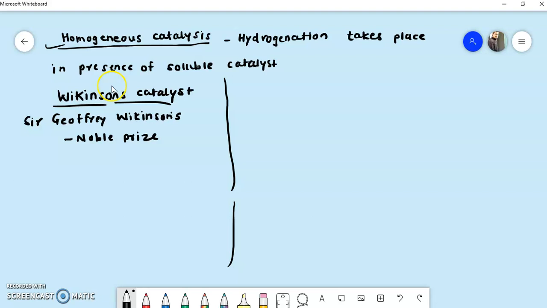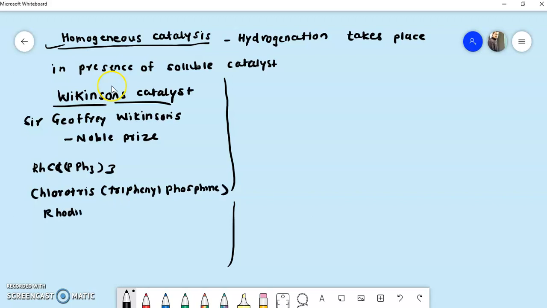Now what is this catalyst? It is the complex of rhodium, RhCl(PPh3), and this is 3 times. So the name of this catalyst is chlorotris(triphenylphosphine)rhodium.